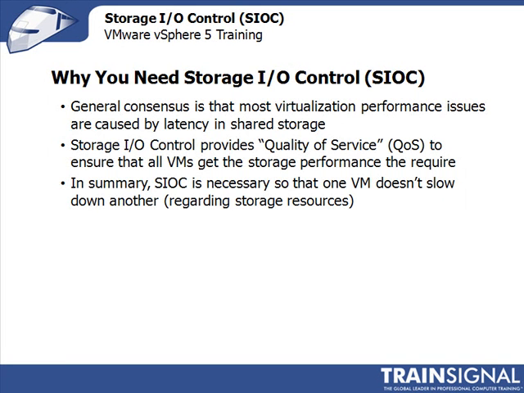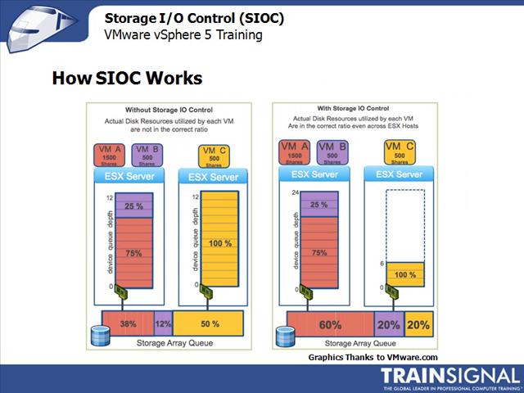So you could have, let's say, virtual desktops with end users out there that are watching videos or something, or even, let's say, print servers or file servers or web servers that perhaps aren't as high a priority as other virtual machines in the infrastructure that need access to the same storage. So Storage I/O Control is here to step in and ensure that the highest priority virtual machines get the performance that they need. So how does Storage I/O Control work?